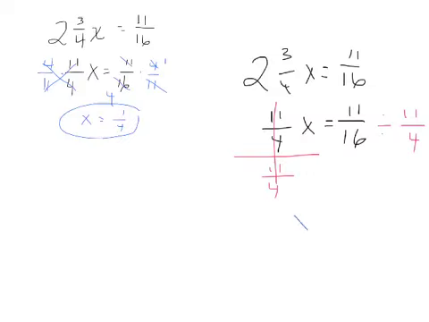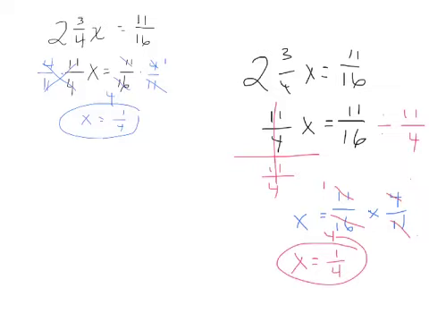It's going to leave x by itself. I'm going to use the keep change flip rule. Becomes times 4/11. You're going to simplify here with the 11's. You're going to simplify the 4 and the 16. So x will end up equaling 1/4. Okay, so that is another way of getting my answer.